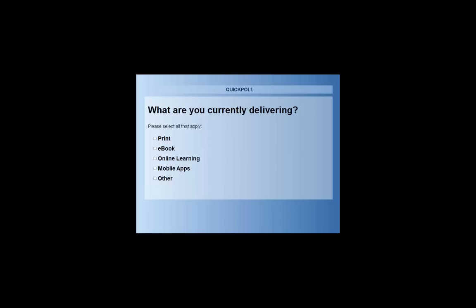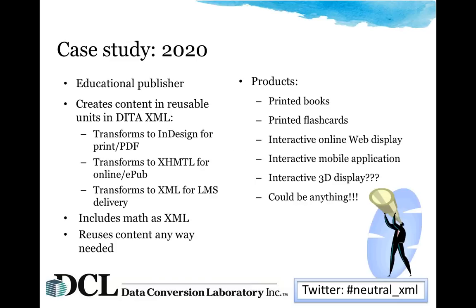You would then be able to have a transform that could either take your content directly to PDF, or if you still need to have that layout and control, you can transform into InDesign. You're going to have transforms that take your XML content and generate XHTML that is designed and optimized for your online deliverables and your EPUBs. You can have a transform that delivers your XML if you have an LMS.